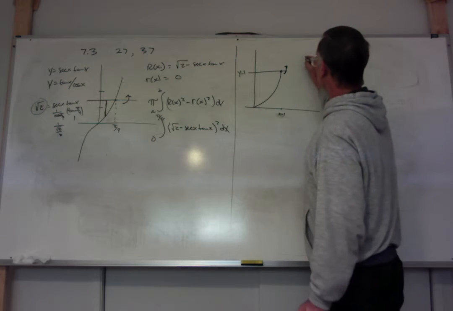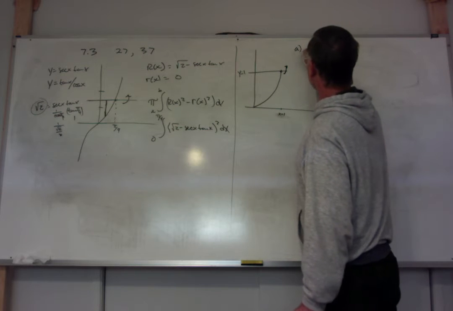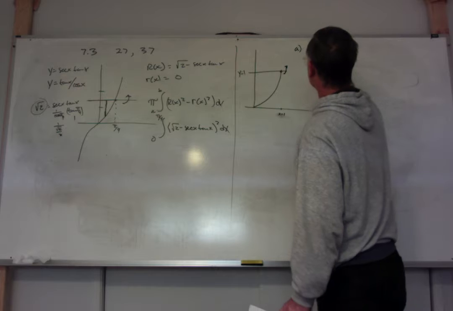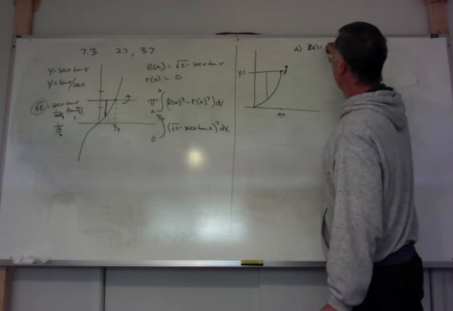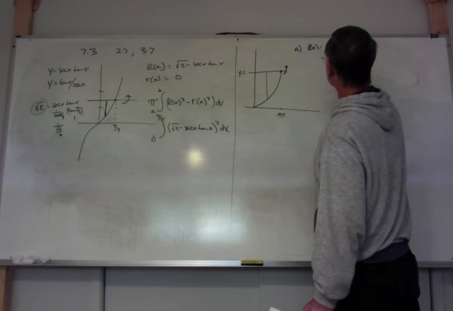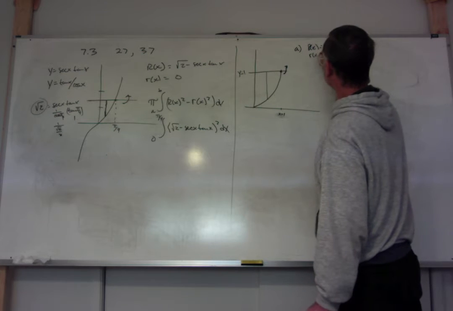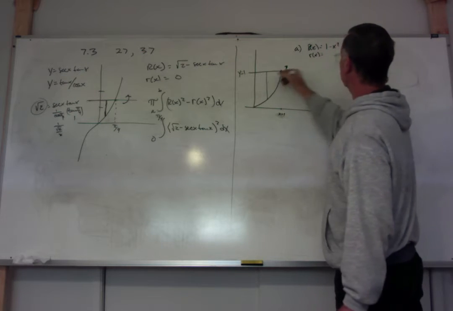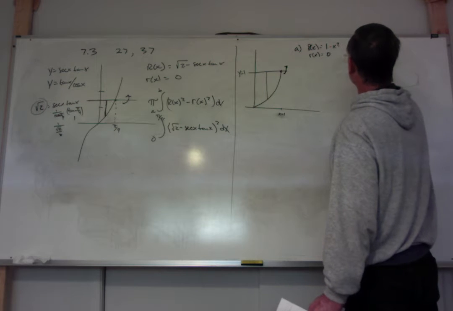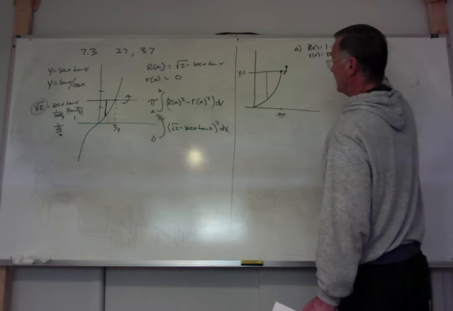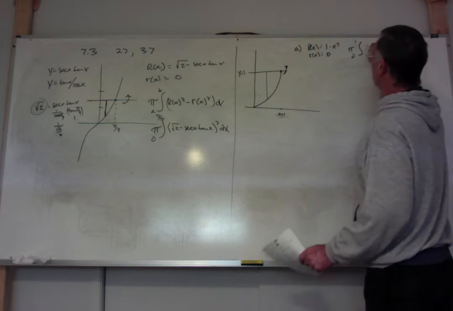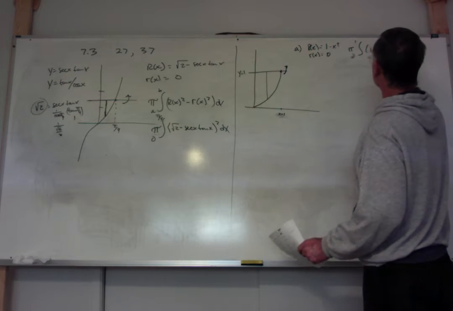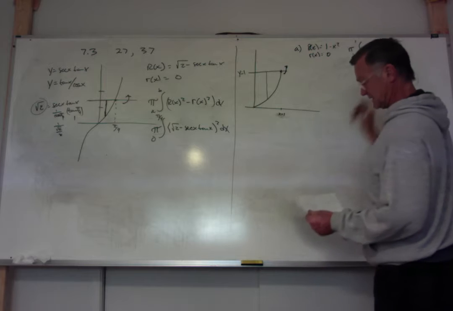My big radius then, so this is for a, is this distance right here, and that would be 1 minus x squared, and my little radius is 0. And so this will go from 0 to 1, we need the pi here, pi times 1 minus x squared, squared dx.